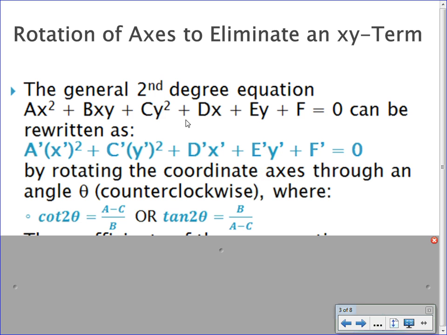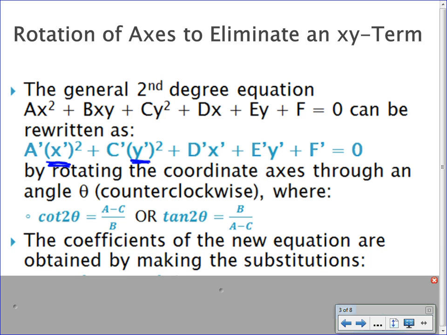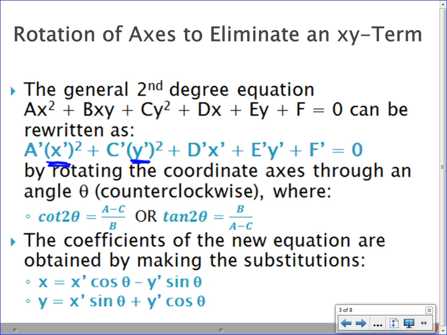To get our new x primes and y primes, this is how we do it. Our x is the same thing as x prime cosine theta minus y prime sine theta, and our y is going to be x prime sine theta plus y prime cosine theta.